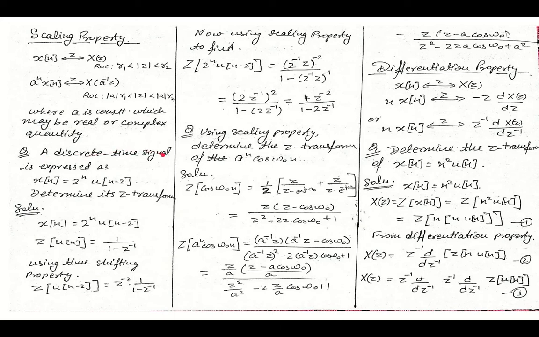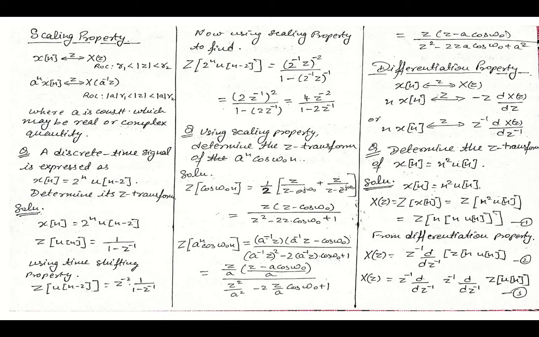A discrete time signal is expressed as x[n] = 2^n u[n-2]. Determine its Z transform. Now in this question we will be utilizing two properties.